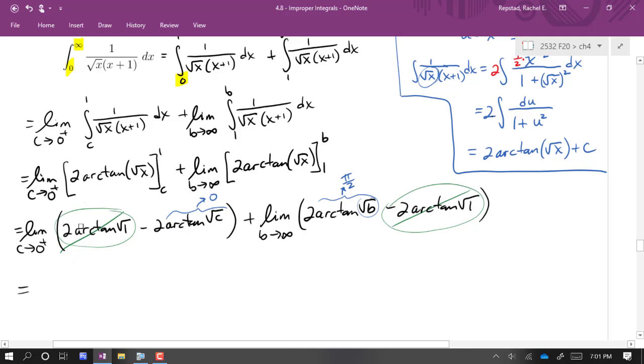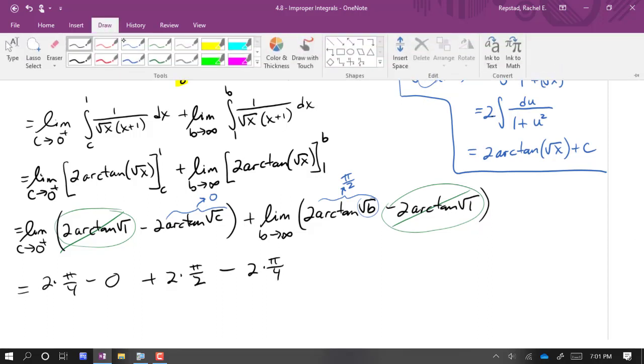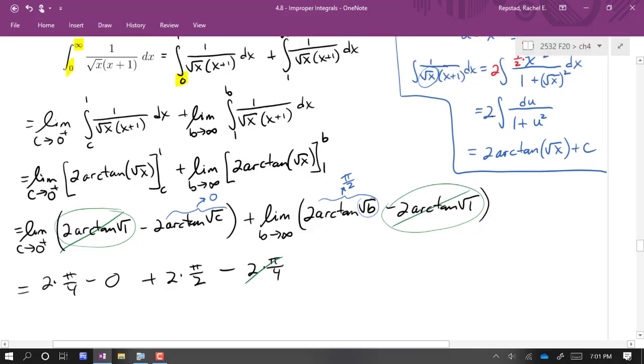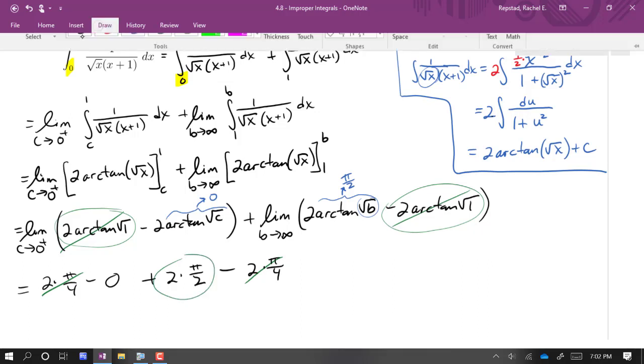I kind of canceled out the 2 arctan of root 1 right off, and those do cancel, but maybe I'll just evaluate them, bring everything down. The first one approaches 2 times arctan of 1, which is pi over 4, minus 0, plus this other limit, which is 2 times pi over 2 minus 2 times pi over 4. So those still cancel, and we are left with just 2 times pi over 2, or pi.